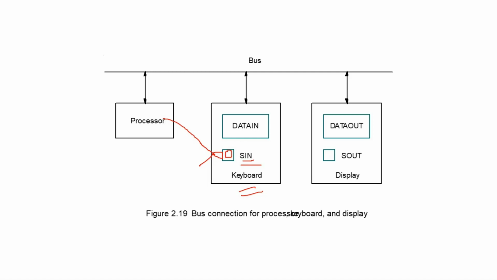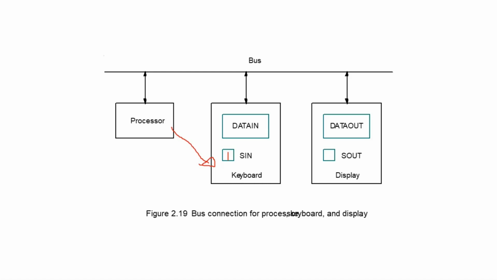Once the keyboard has data to send to the processor, it makes that SIN flag 1. The processor keeps reading this SIN status or signal. Whenever the processor finds that SIN has become 1, that is the keyboard's way of signaling the processor that data is ready.